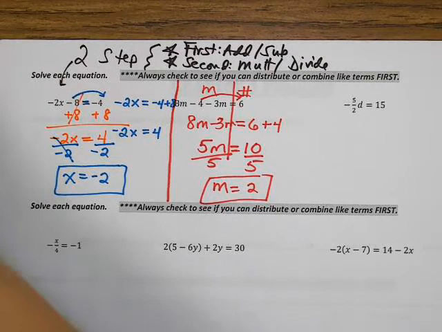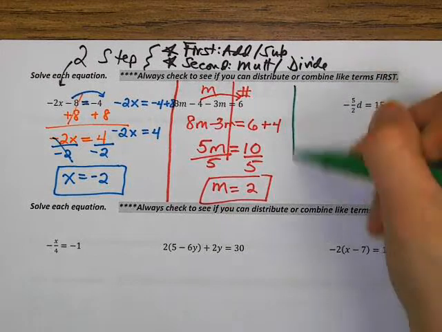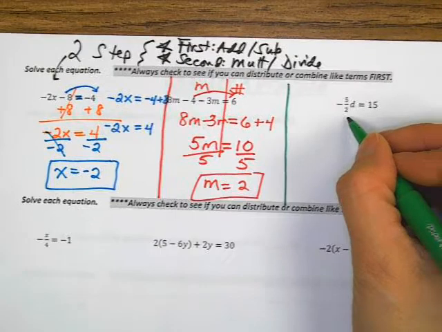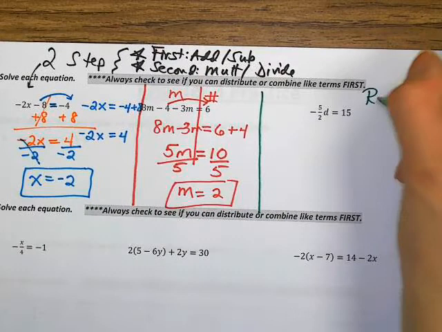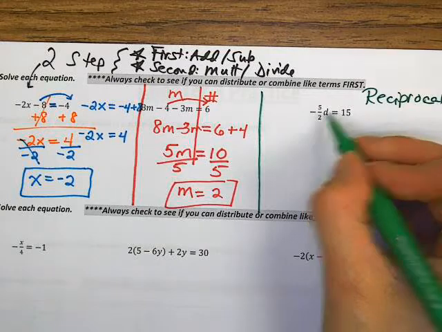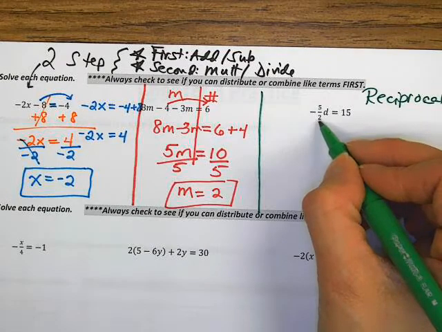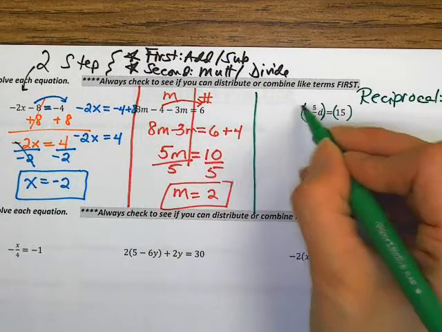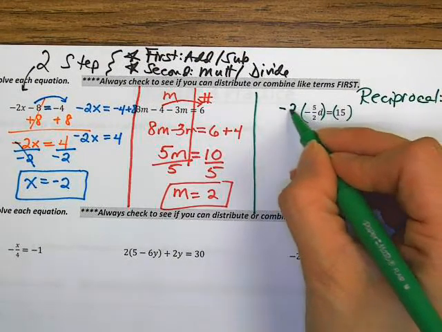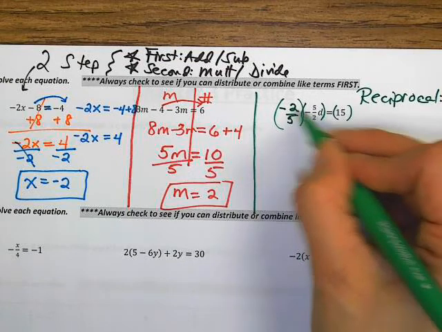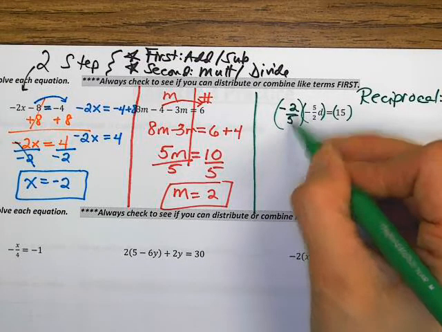This last example here, d is not alone because there's a fraction in front of it. So this would be a great time to do the reciprocal. Okay, so I'm going to take 5 over 2 and I'm going to multiply both sides by negative 2 over 5. Yesterday we practiced reciprocal. Negative stays, you just flip the number.